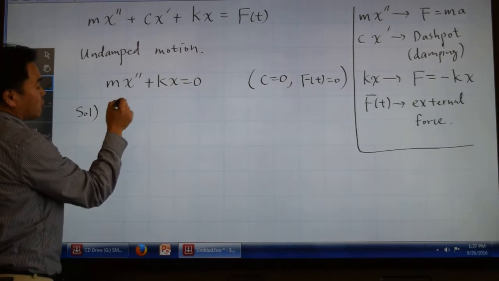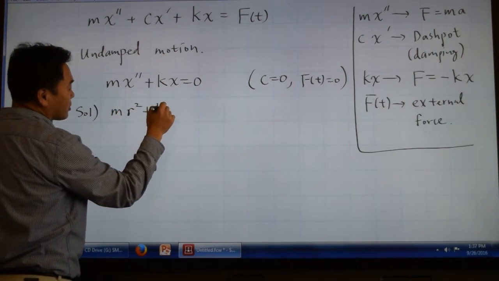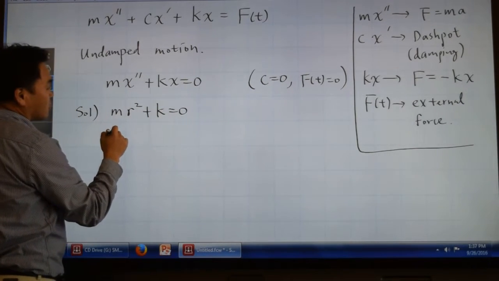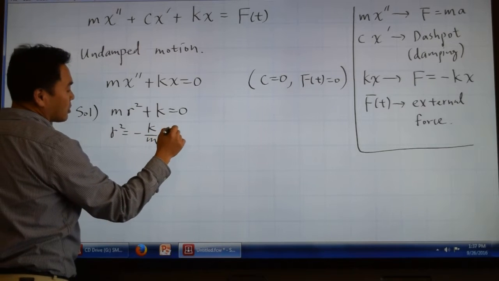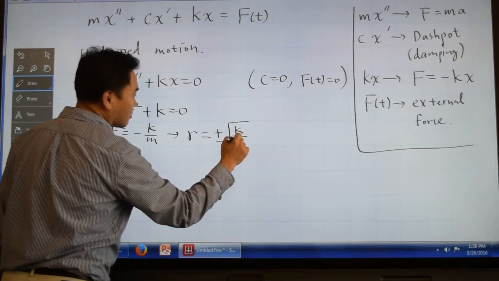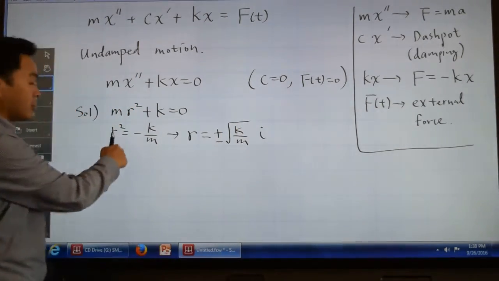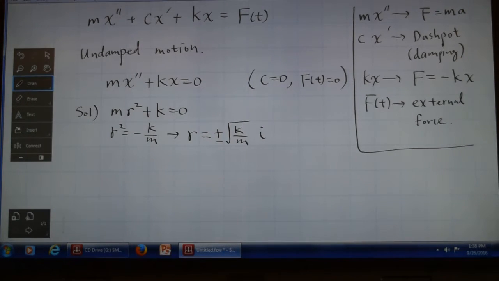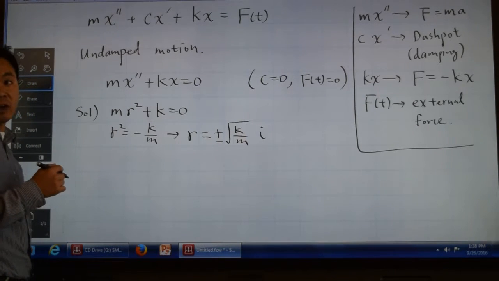And if you write down the characteristic equation, this is mr squared plus k equal to 0. So r squared is equal to negative k over m, which gives you r equals plus or minus i times the square root of k over m, because of this negative. And therefore, your solutions are in terms of sines and cosines, right?